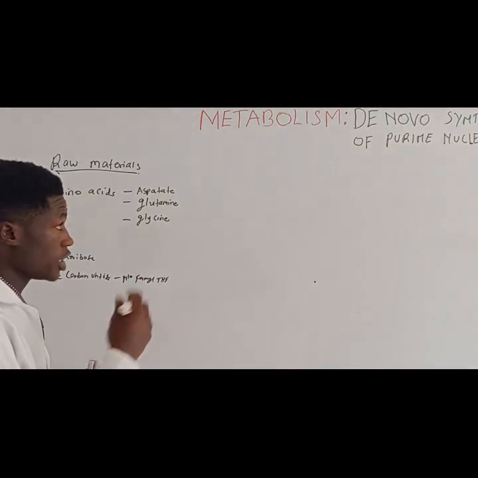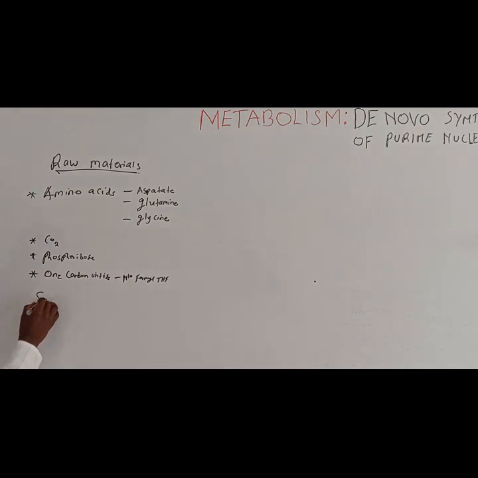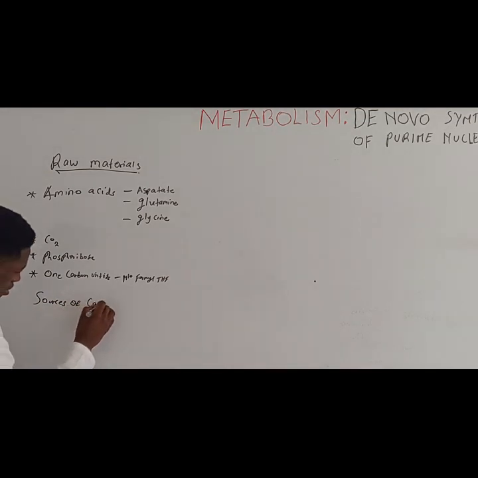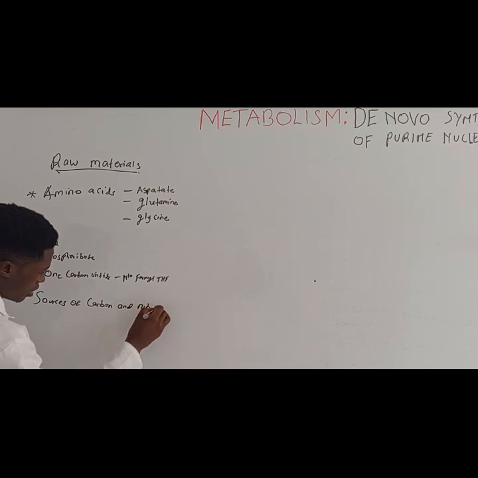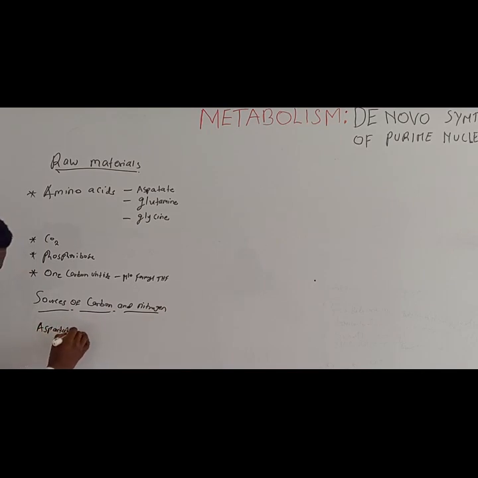Now let us see the sources of the nitrogen and carbon for the purine nucleotides. The first one is aspartate. Aspartate is going to give us nitrogen number 1.